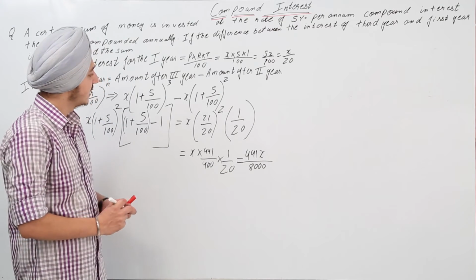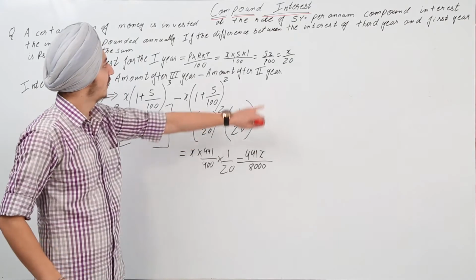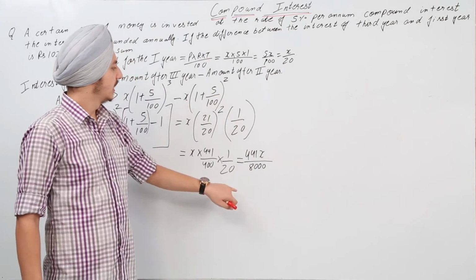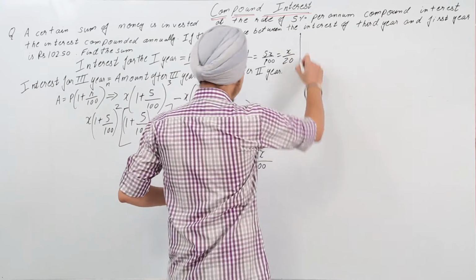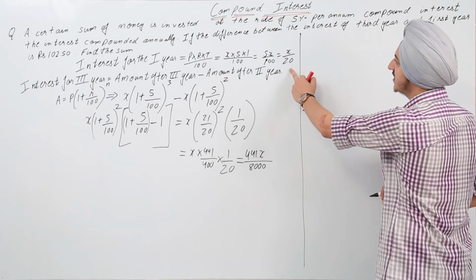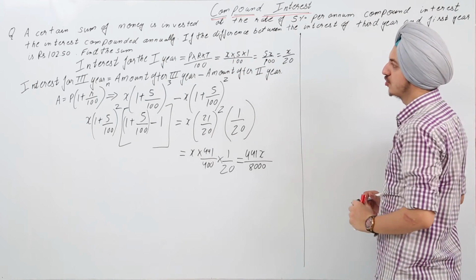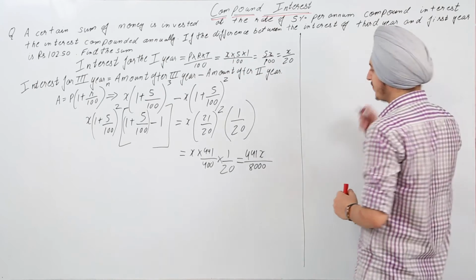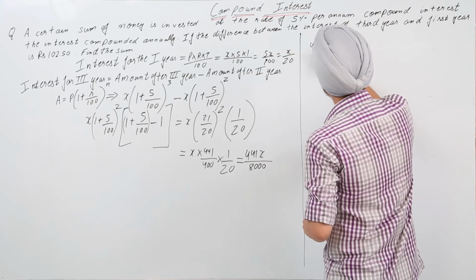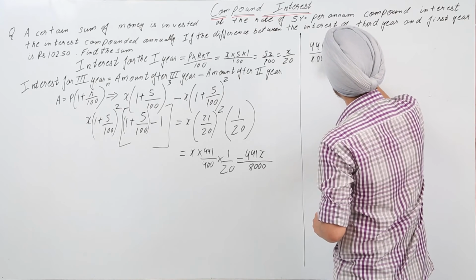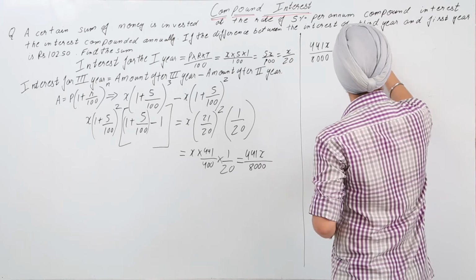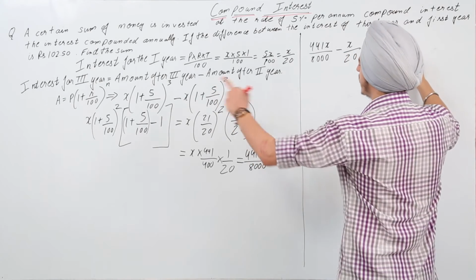If this is the interest for the third year and we have the interest for the first year over here, we can equate both of these and write that the interest after the third year minus the interest after the first year is equal to 102.50. Am I right? So we have 441x upon 8000 minus x upon 20 is equal to 102.50.